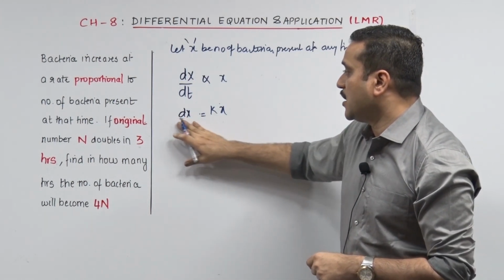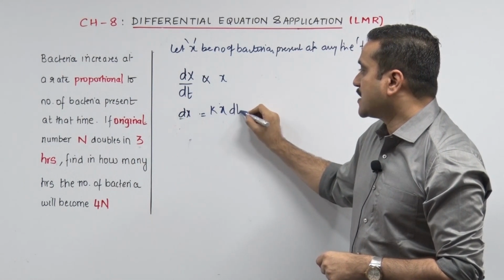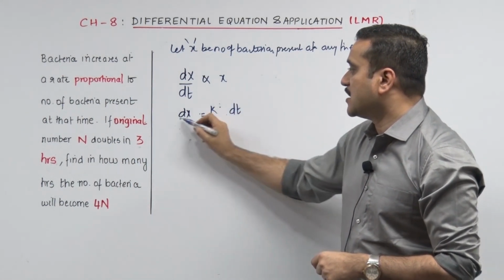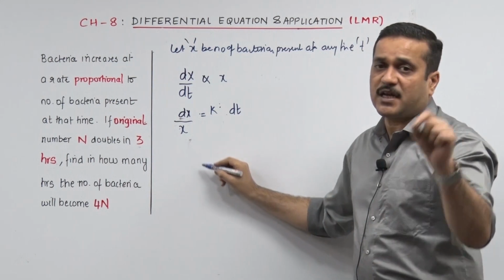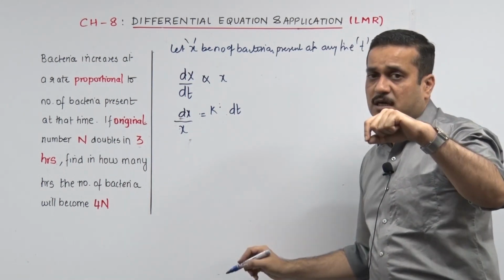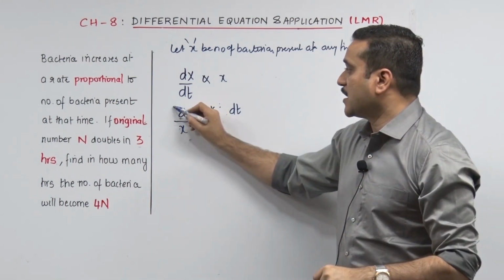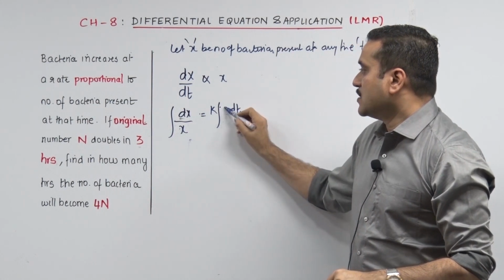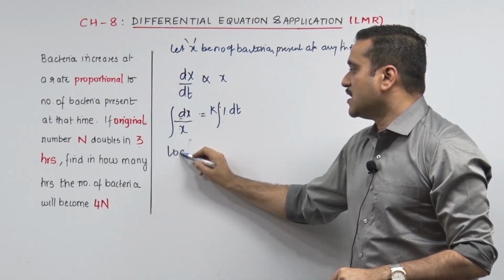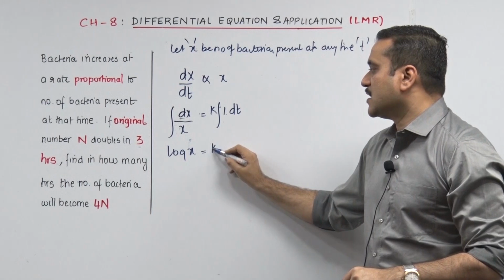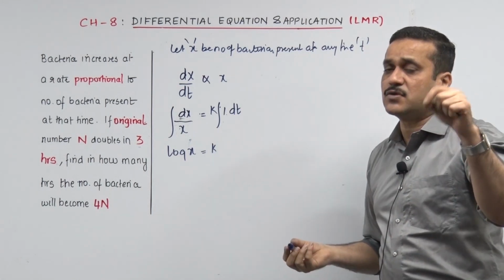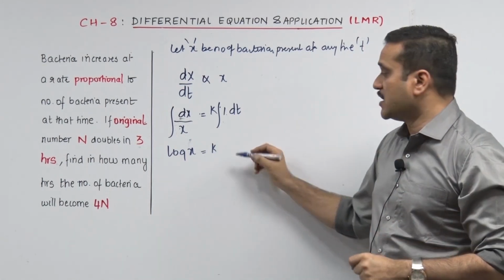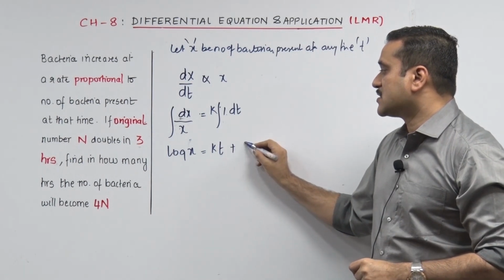Let's take dt on the other side and push the x term to the side of dx. Variables are separated. Then integrating both sides, we get log x is equal to kt plus c. The integration of 1 with respect to x gives x, and the integration of 1 with respect to t gives t, plus the constant c.